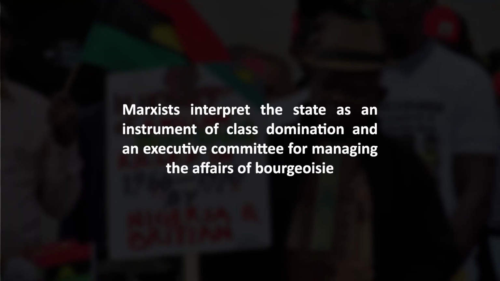The Marxist approach, on the other hand, perceives the post-colonial state differently. The Marxists interpret the state as an instrument of class domination and an executive committee for managing the affairs of the bourgeoisie. Their attitude towards the post-colonial state was in tune with their basic stand on the state.